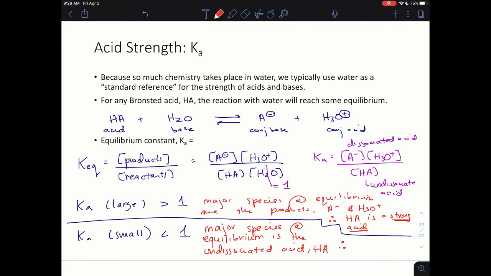That means that HA only dissociates just a tiny bit to donate a hydrogen ion and make its conjugate base. So we call HA a weak acid.